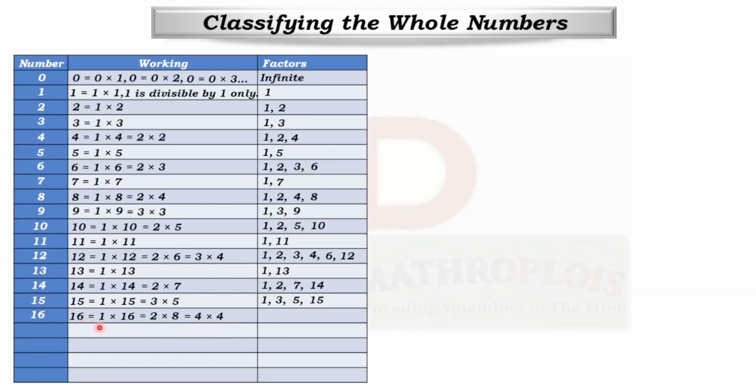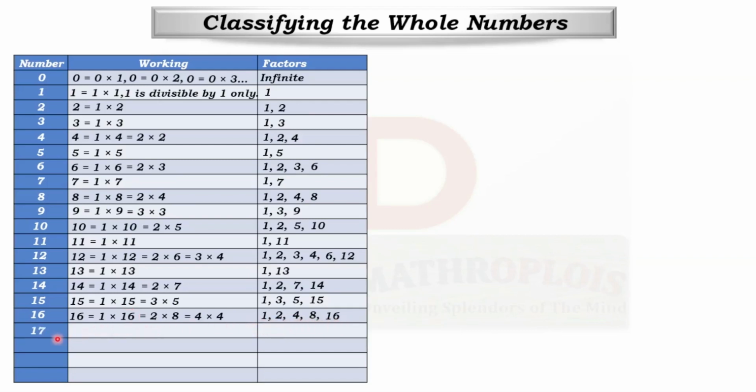And there isn't any other factor of 16. In this case, first factor is 1, second factor is 2, third factor is 4, fourth factor is 8, fifth factor is 16 itself. It means 16 has 5 factors. So 16 has more than 2 factors.